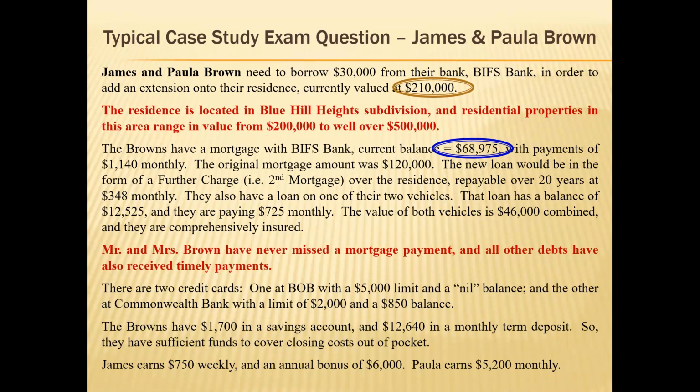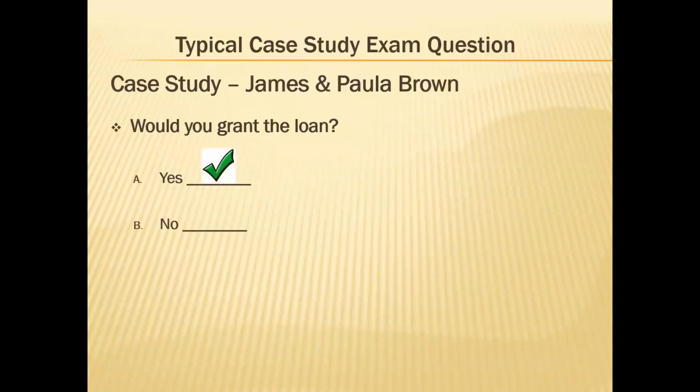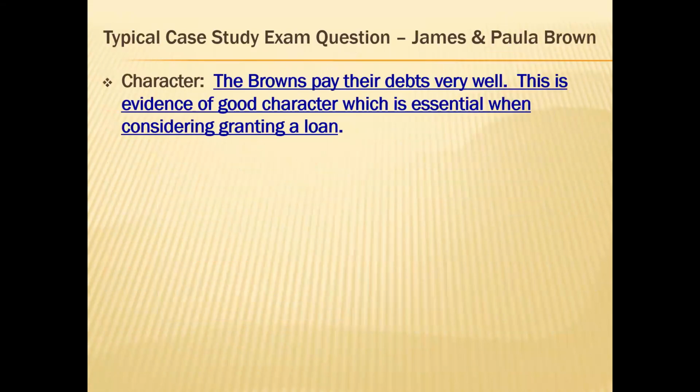So that speaks of their character. Right, so they've never missed a mortgage payment. All other debts have also received repayments. So that speaks well of character. So the Browns pay their debts very well. This is evidence of good character, which is essential when considering granting a loan.